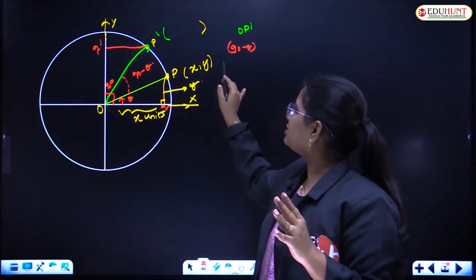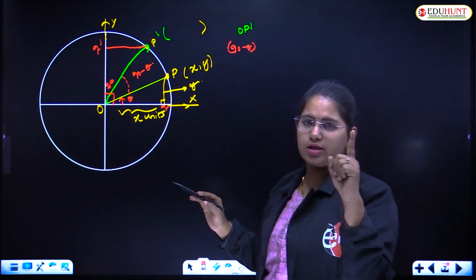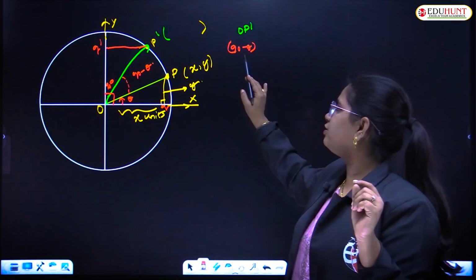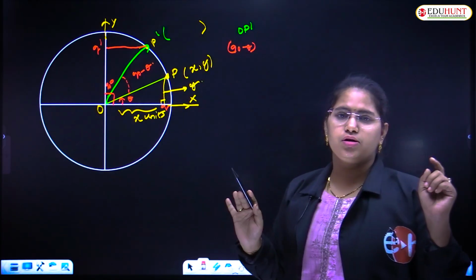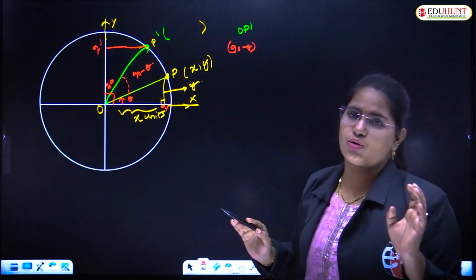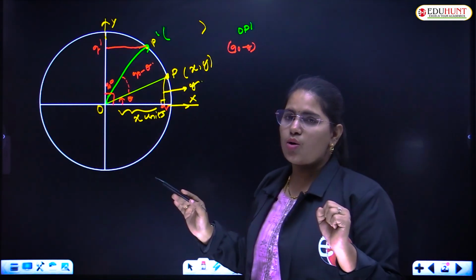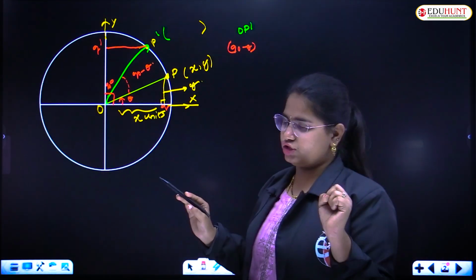So what are the coordinates of P dash? First, what is my concept? I need to find the coordinates of P dash. How should you find out? Can you find out the coordinates of P dash? Let me check over here.